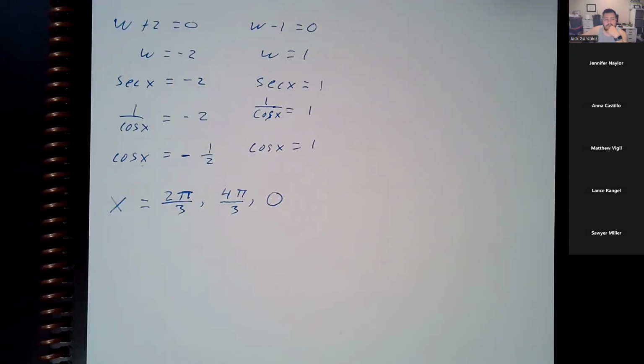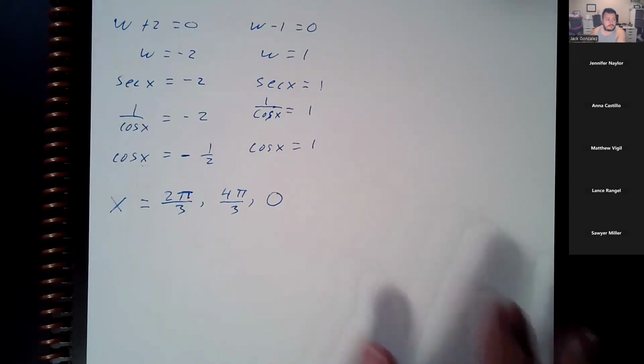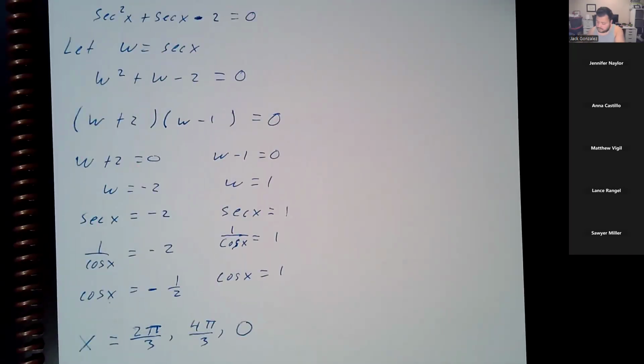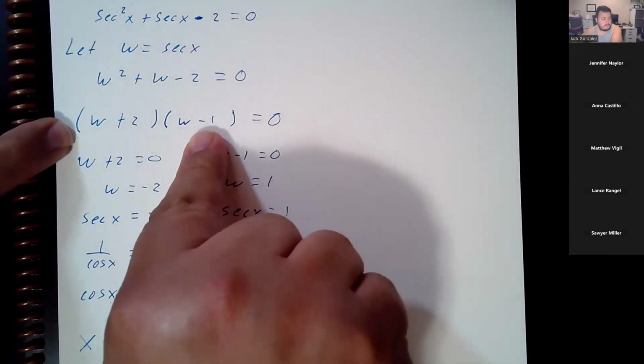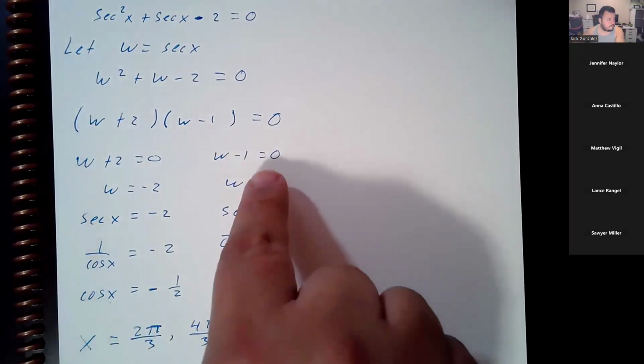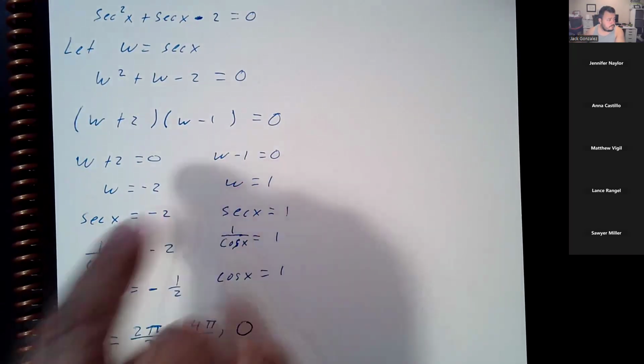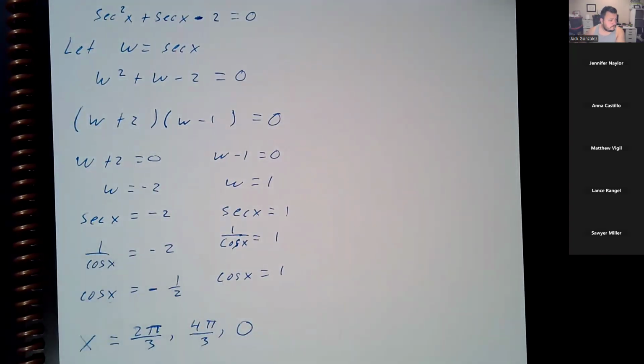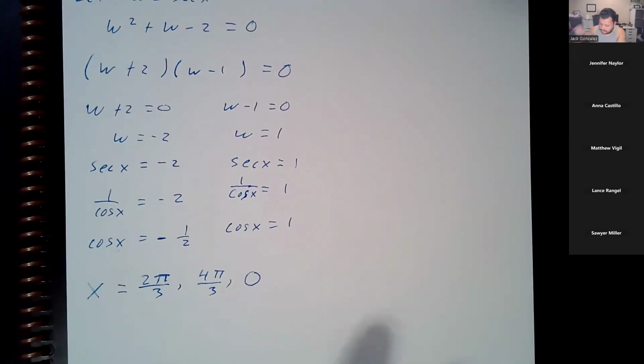Yeah, it makes more sense. We're talking about this part, Jennifer, here. When we say that W equals secant x, it just makes it easier to solve, and then we plug it back in at the end when we find out what W equals.